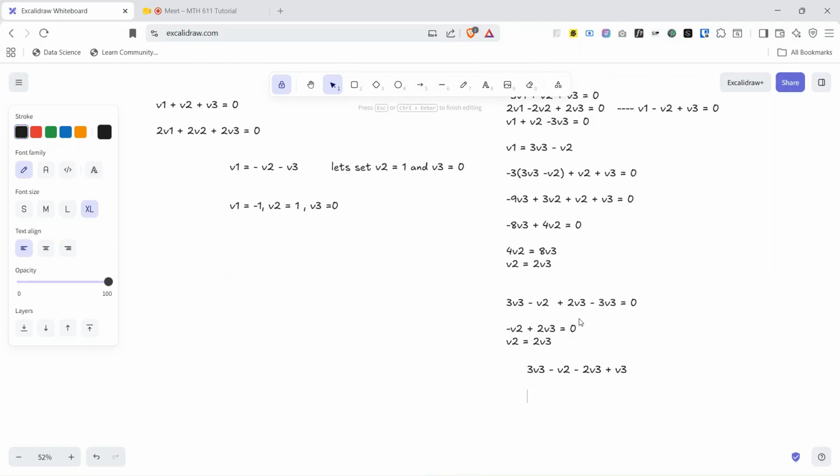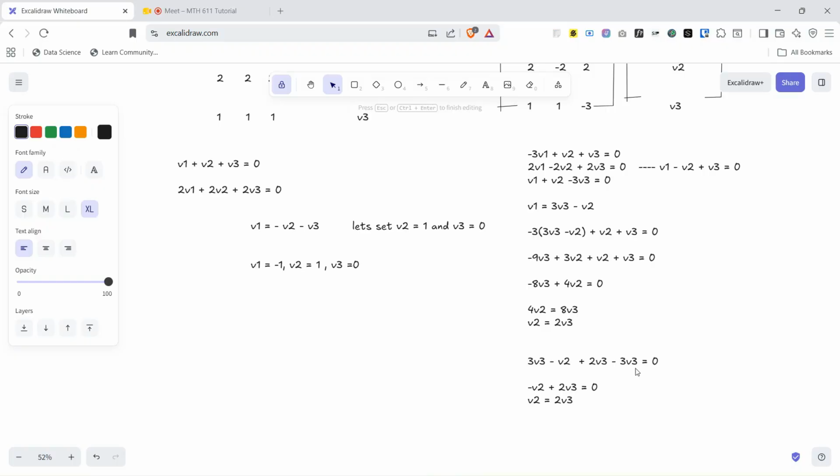Let me see if this changes anything. No, it doesn't. We still have the same value. V2 is 2V3. So it means we are going to give our V3 a value. So let V3 equal 1. Then our V2 would be equal to 2 into 1.